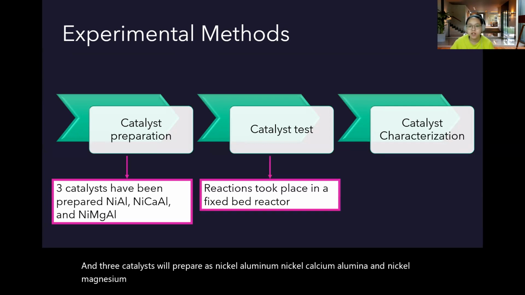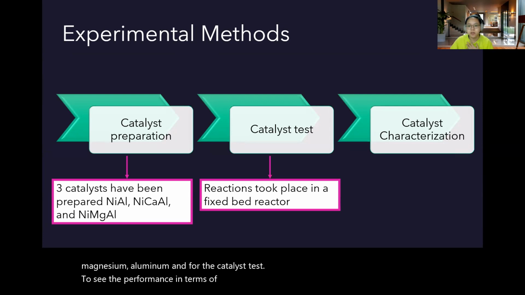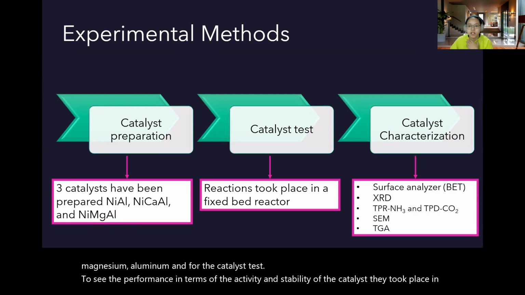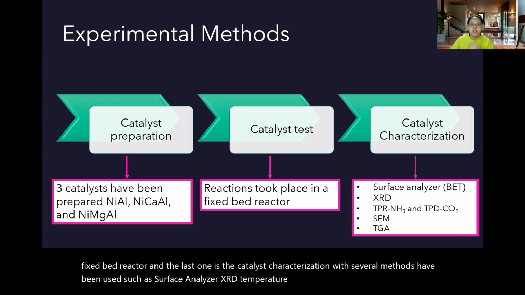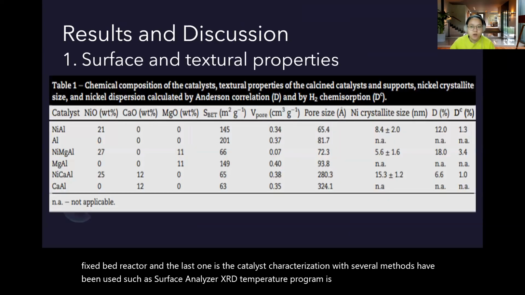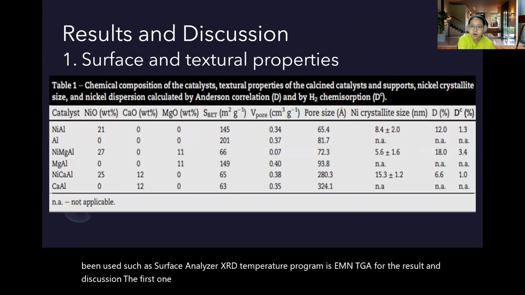And for the catalyst test, to see the performance in terms of the activity and stability of the catalyst, it took place in a fixed bed reactor. And the last one is the catalyst characterization, with several methods used, such as surface analyzer, XRD, temperature programmed methods, SEM, and TGA. For the results and discussion, the first one is surface and textural properties.